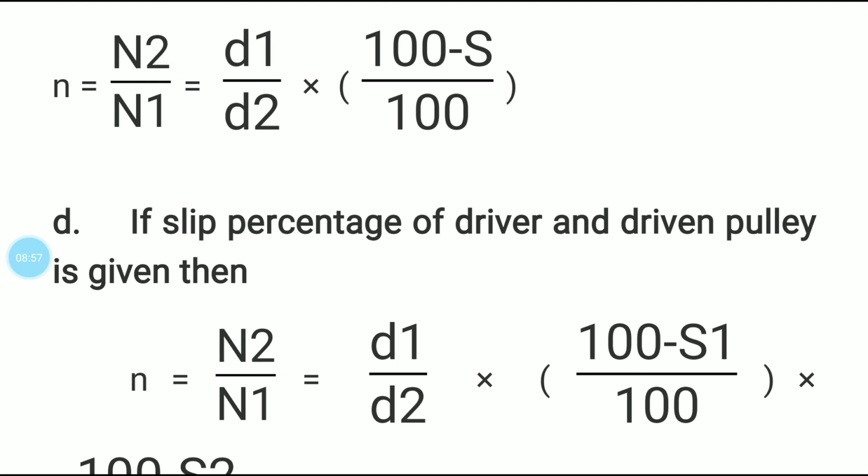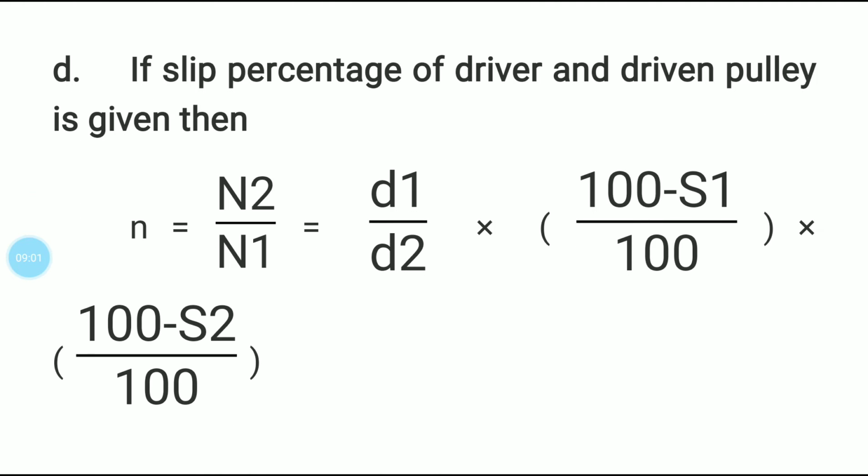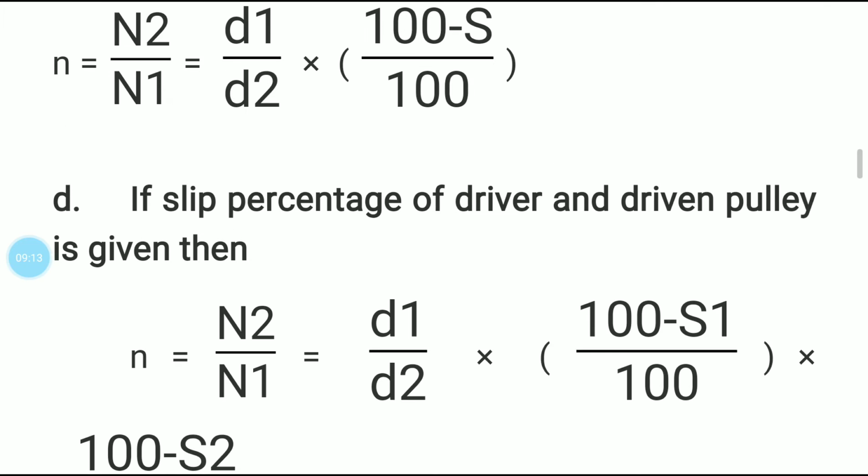If slip percentage of driver and driven pulley is given, then n equal to n2 by n1 is equal to d1 by d2 into 100 minus s1 by 100 into 100 minus s2 by 100. So there are two categories.